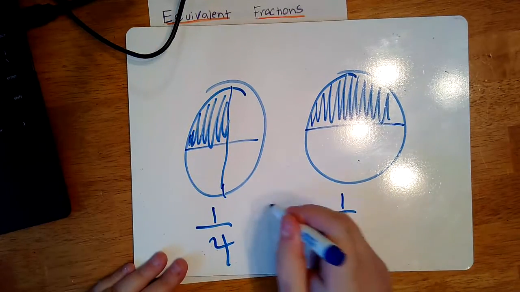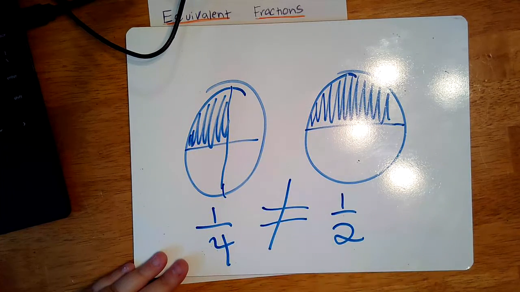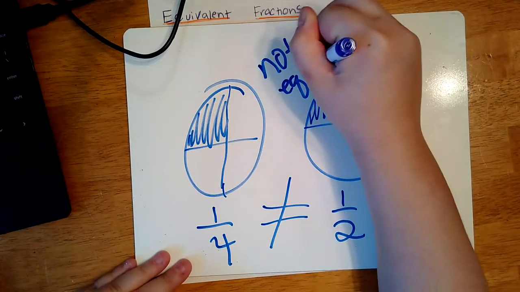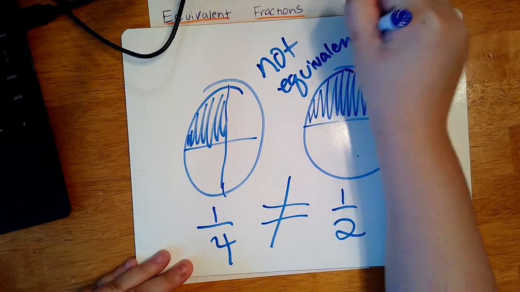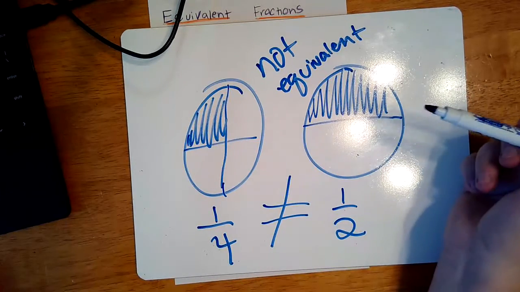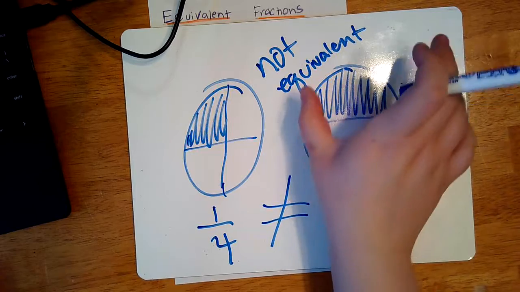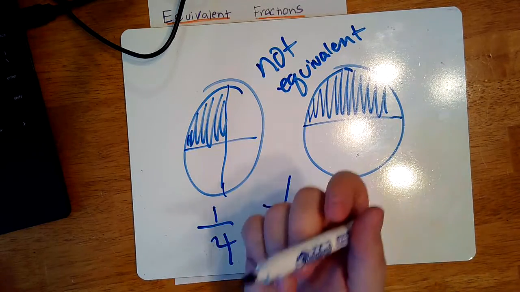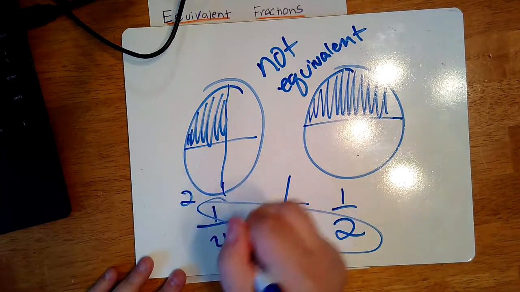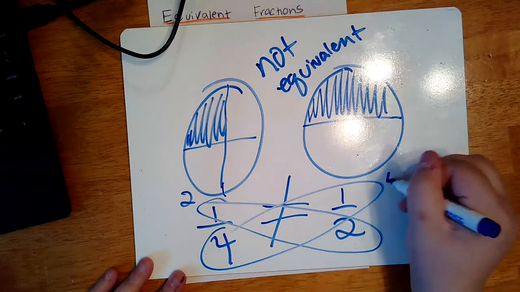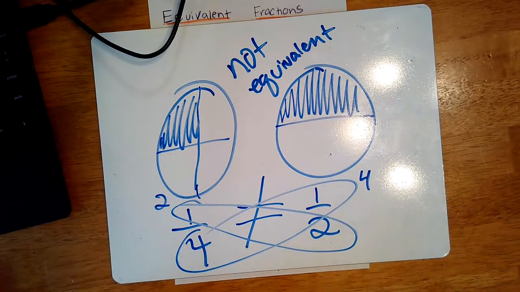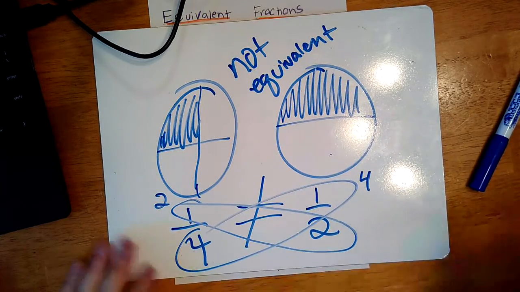We know that these are not equivalent, right? Because they do not look the same, right? This one has more covered up than this one. And if we were to use our cross multiplying to check, 1 times 2 is 2, and 4 times 1 is 4. 2 does not equal 4, right? They are not the same. So we know that these two fractions are not equivalent.